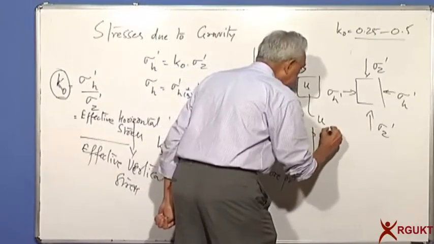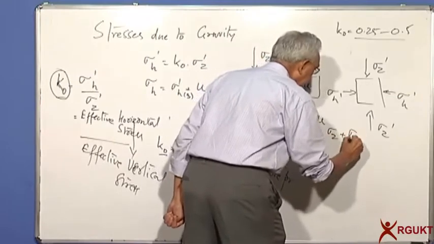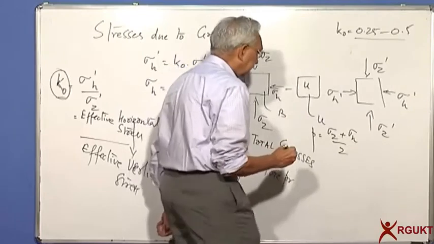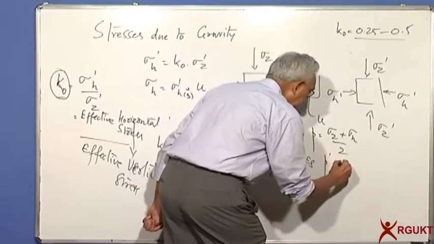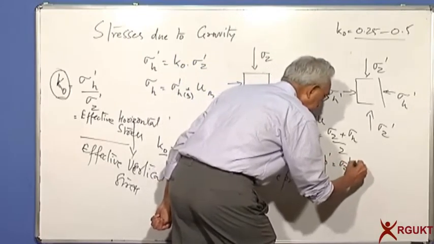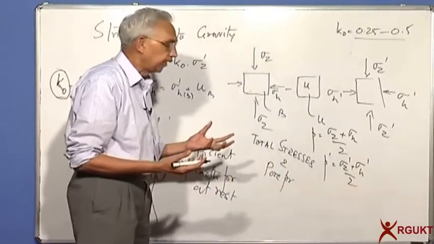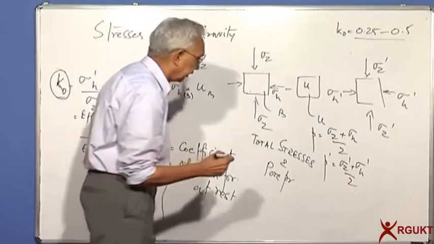P is equal to sigma z plus sigma h by 2. This will be the average stress. P prime is equal to sigma z prime plus sigma h prime by 2. This is the center of the Mohr circle we talked about last time.